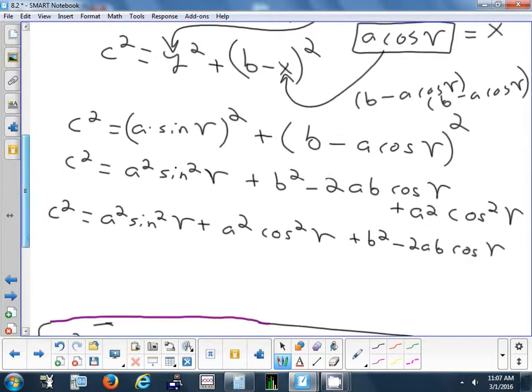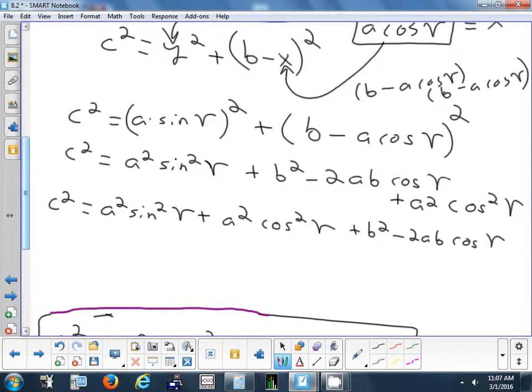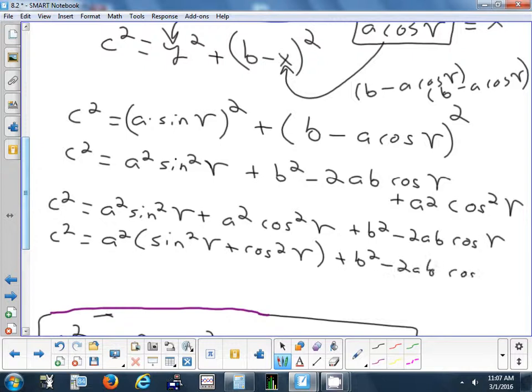Now, looking at these first two terms, what do a squared sine squared gamma and a squared cosine squared gamma have in common? A squared. So we're going to factor that out, and we're left with sine squared plus cosine squared, plus b squared minus 2ab cosine gamma. Now, does anybody see what's going to happen there?